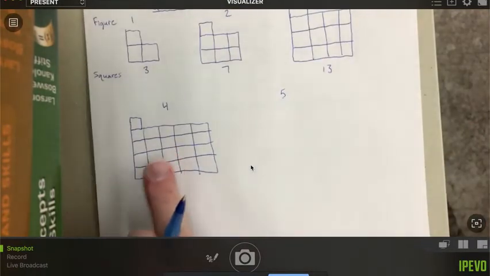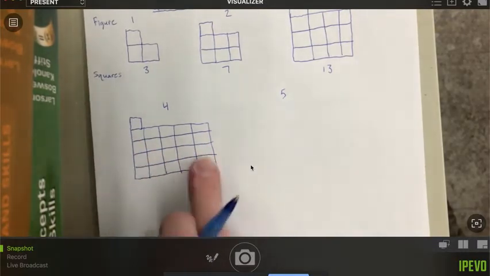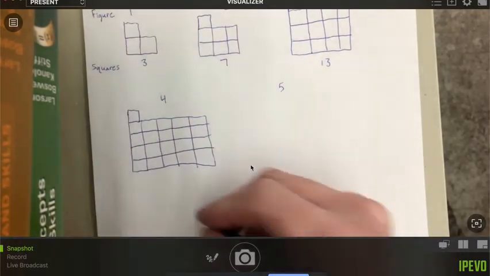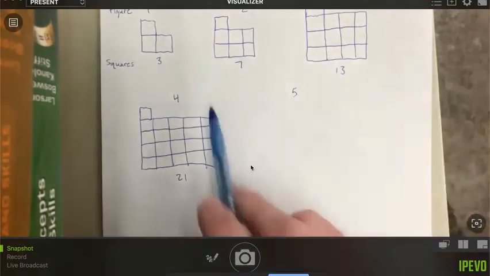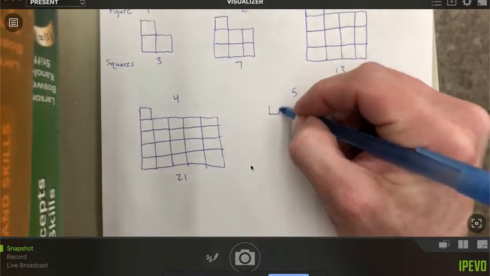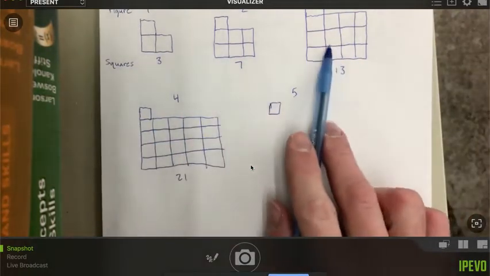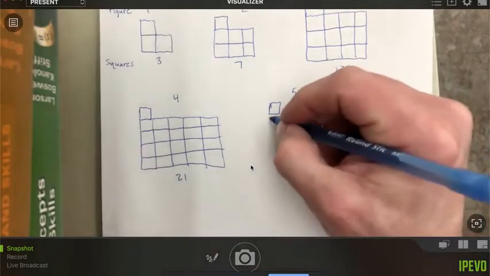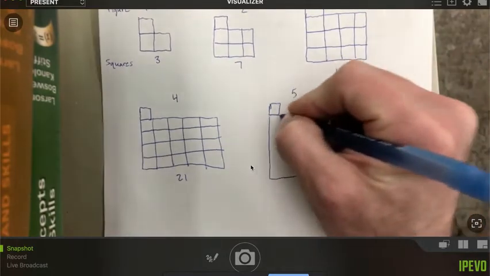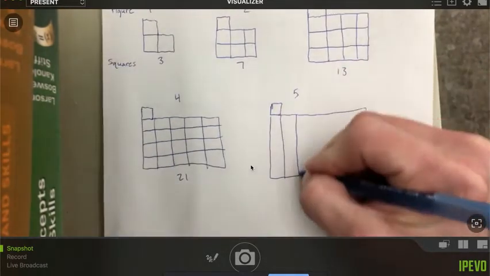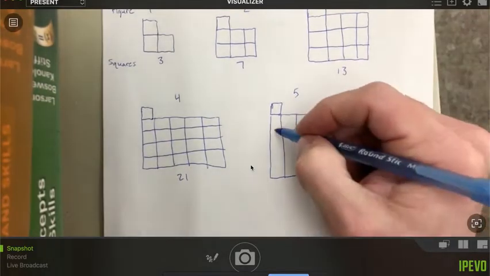All right, so now if we count that out, this is a 4 by 5, so that's got to be 20 squares plus 1 on top, so that's got to be 21 squares. And figure 5, once again, there should be 1 on top. And then 1 by 2, 2 by 3, 3 by 4, 4 by 5, then this one's probably going to be a 5 by 6. 1, 2, 3, 4, 5, 6.